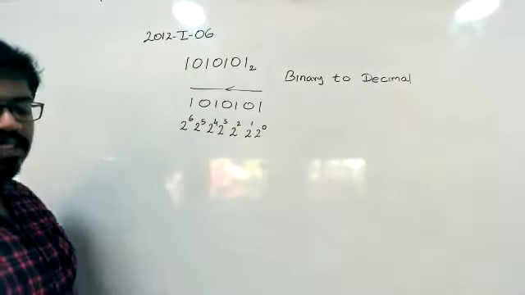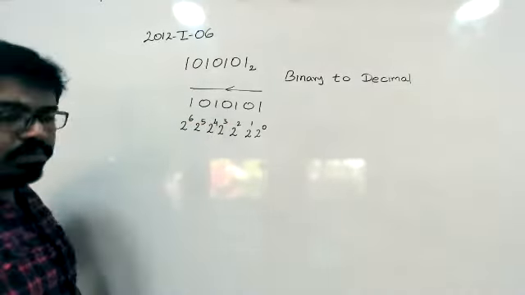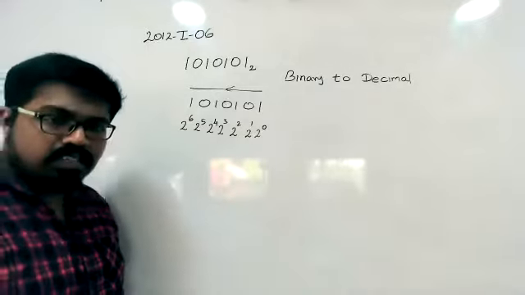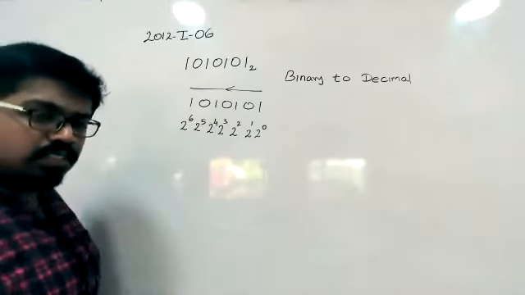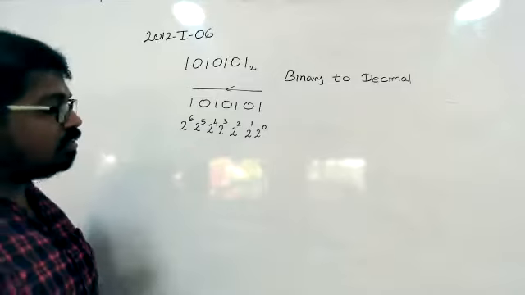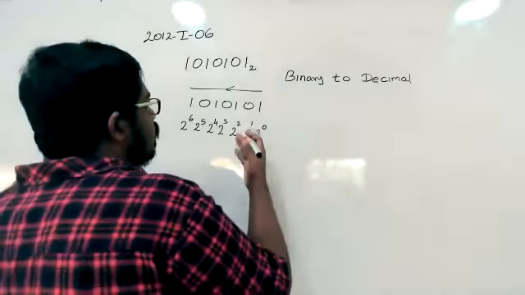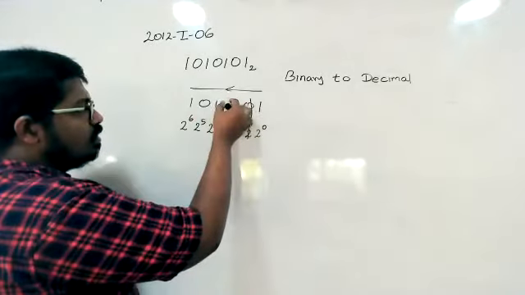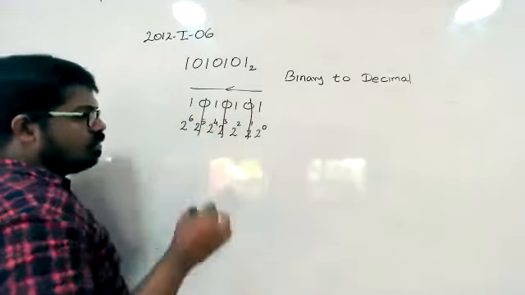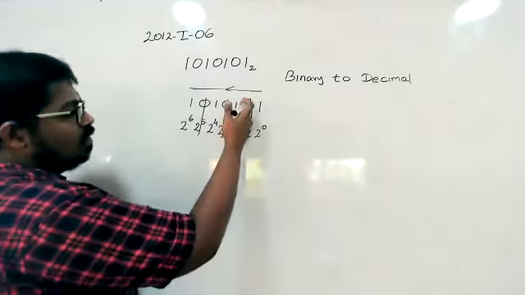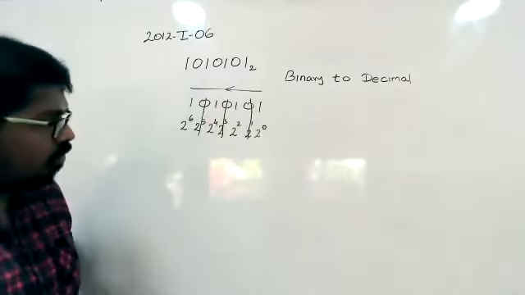Actually, it is not necessary to write these things for the MCQ, but for the second part questions, I am providing the answers. If you can do it in a quicker or faster manner, you can do it. In this case, there is no value for the zeros, so I can remove these, because when we multiply any number by 0, that will be 0.